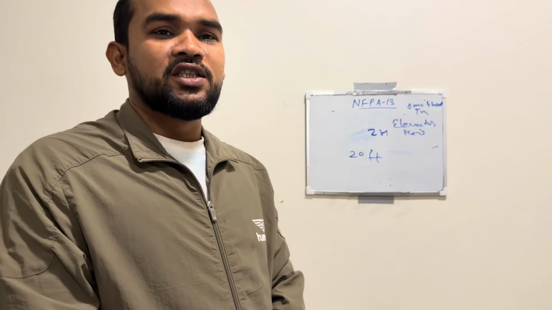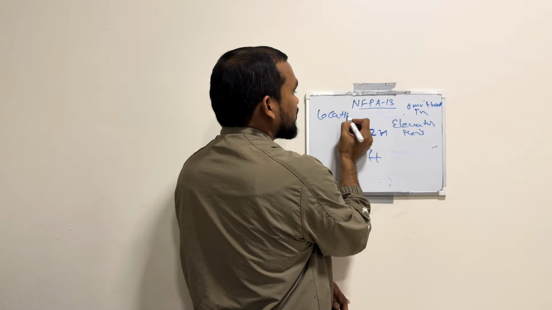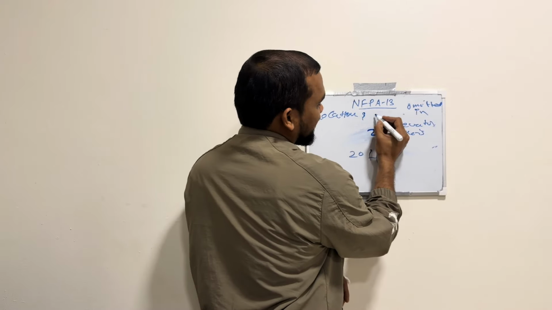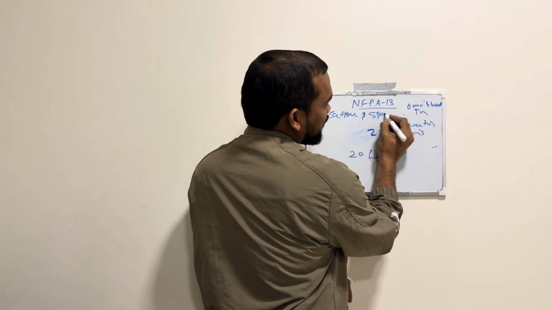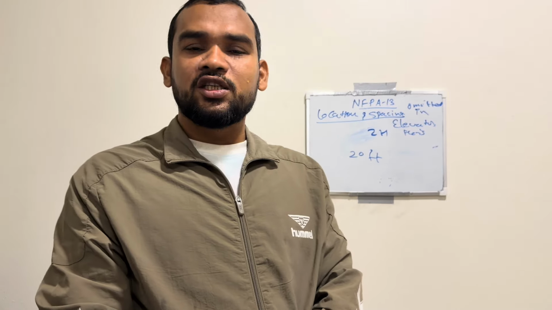The next topic is location and spacing guidelines for sprinklers. The general requirement is that sprinklers shall be installed in the spaces and positions strictly described by NFPA 13 chapter number 9.